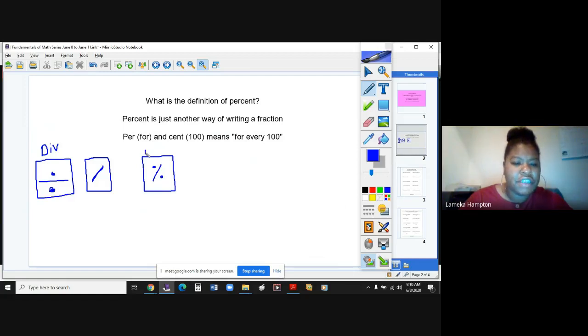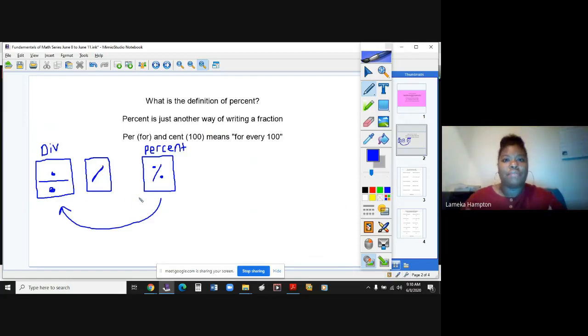So this is my percent sign. I'm going to write it out so that everyone can see it. My percent sign actually looks like a slanted division sign. I want to make sure that you all catch that connection. A percent sign is simply a slanted division sign, but they both have something to do with fractions.